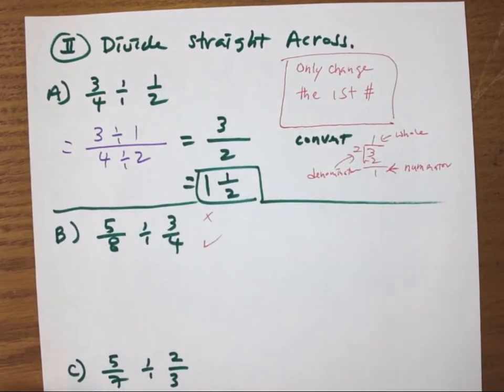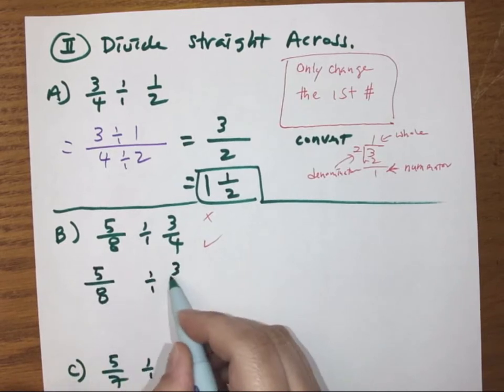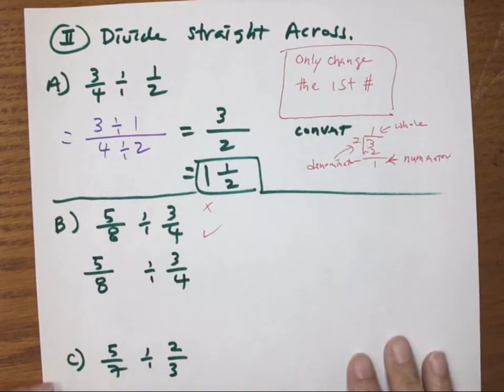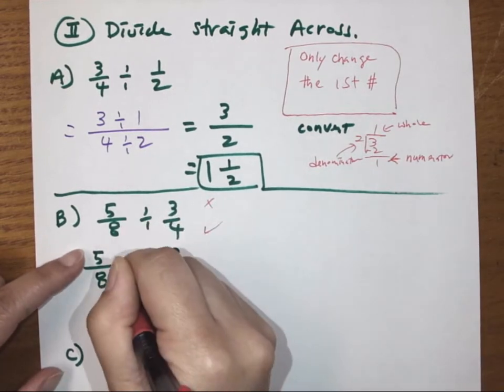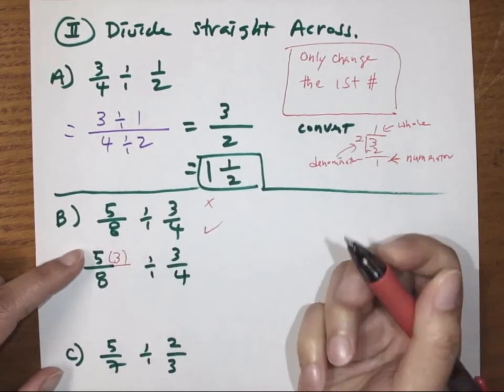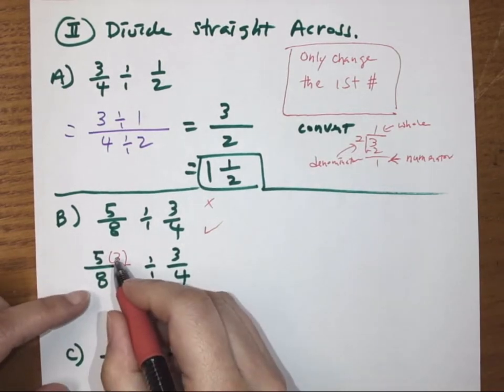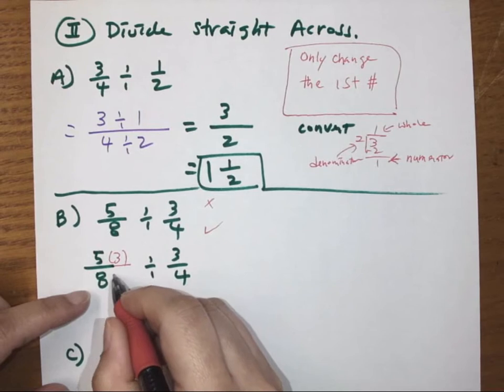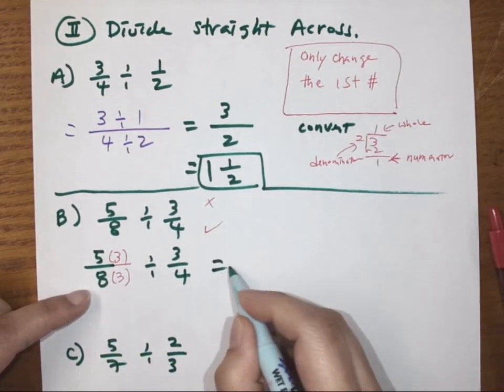The easiest way is, I'm going to write down the question first. I'm only changing the first fraction. I want 5 to be able to be divided by 3, so I can multiply that by 3, which is 15, right? 15 can be divided by 3 evenly. But whatever I multiply at the top, I'm going to need to multiply at the bottom also.